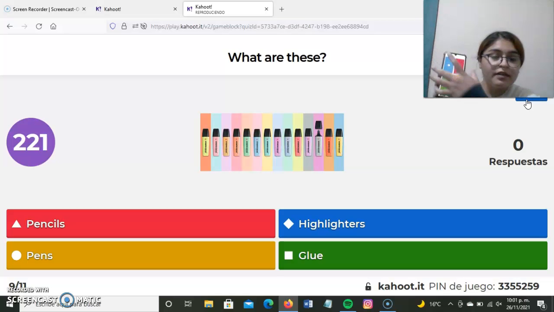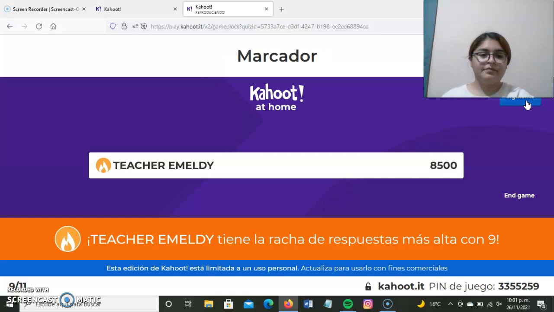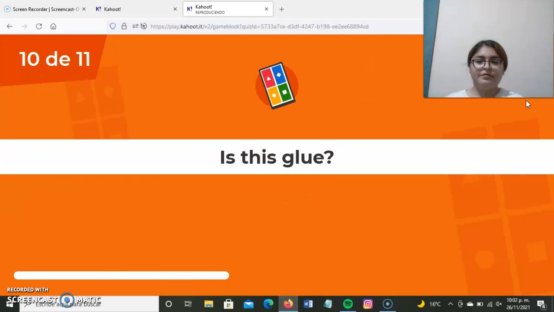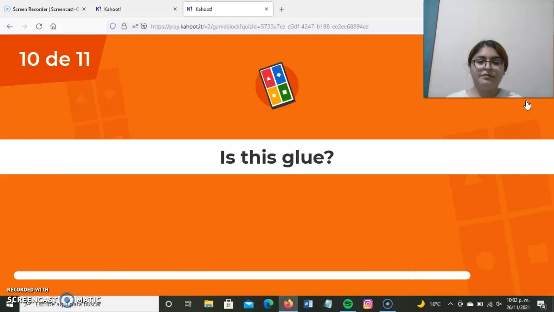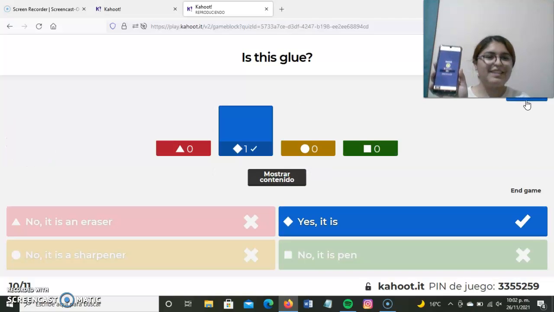These are highlighters. Is this glue? Yes, it is.